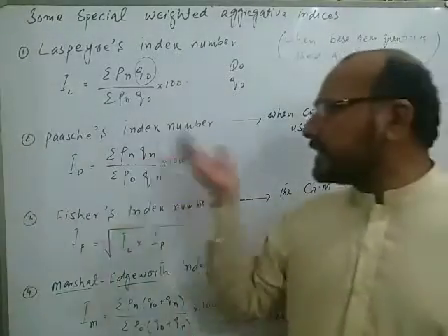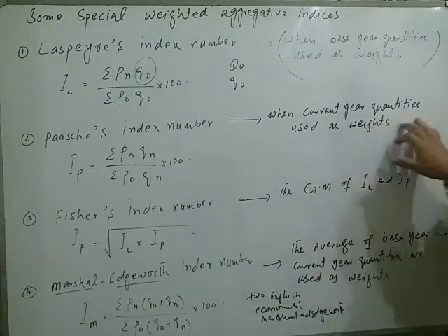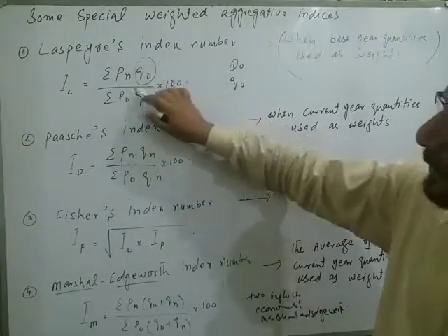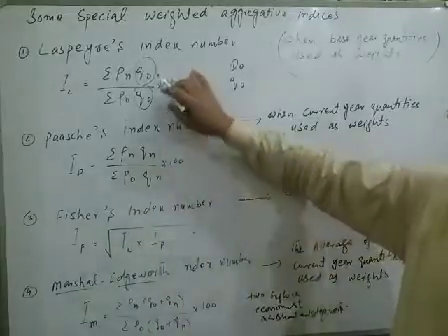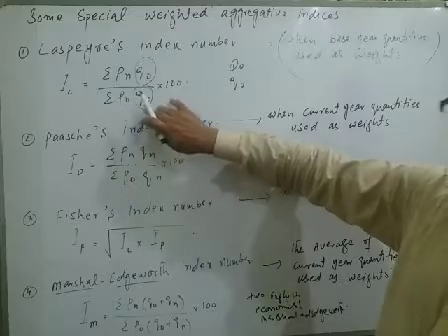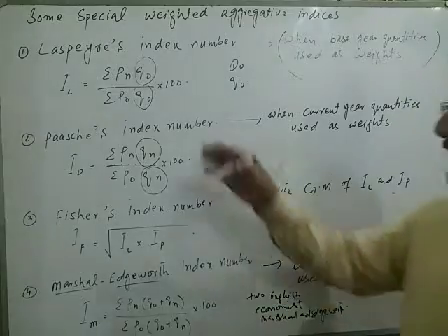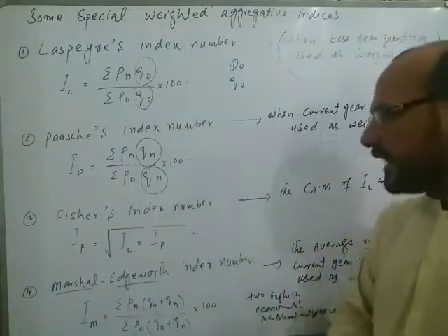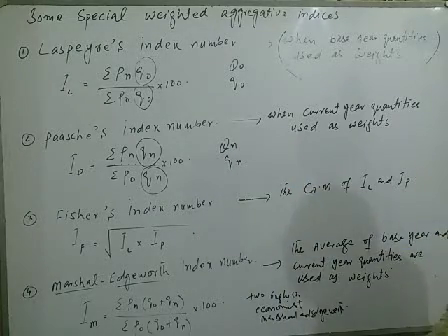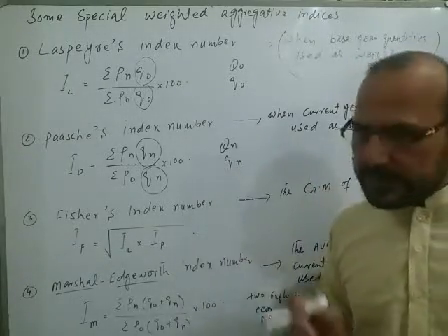The second one is Paasche's index number. Paasche says that the current year quantities are used as weights. The only difference between this formula and the previous one is that here we have Q naught in the numerator as well as in the denominator, and in this formula we have Qn in the numerator as well as in the denominator, because capital Qn or small qn represents quantities or weights in the current time period.